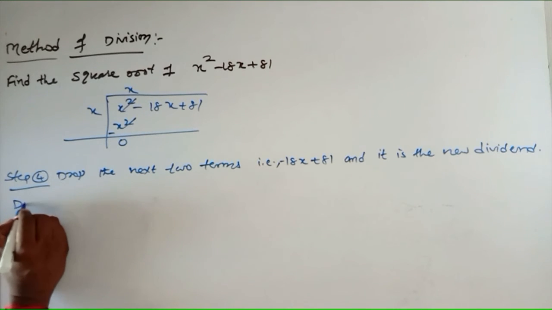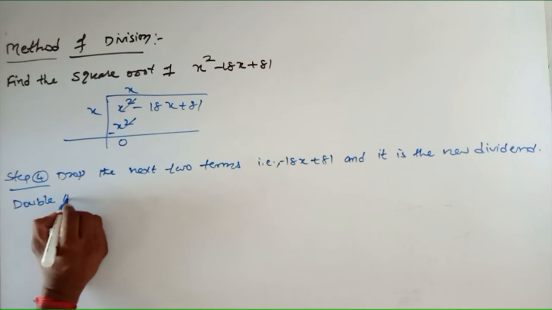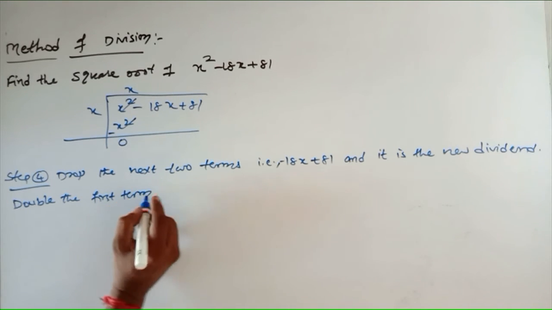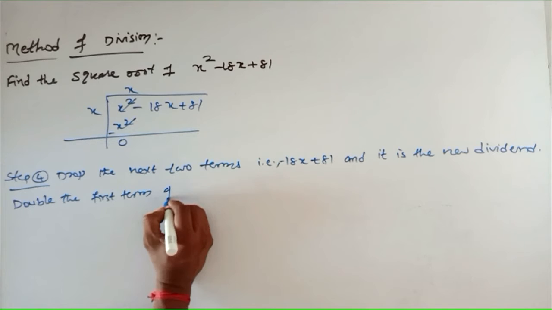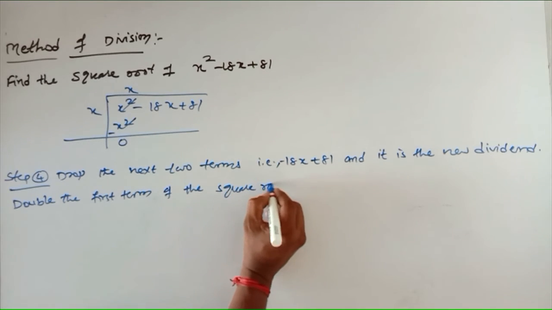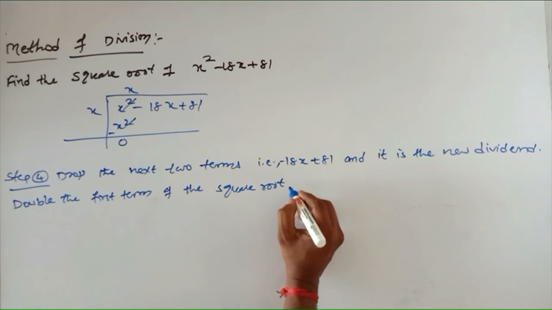Okay, next is double the first term of the square root and put it down.